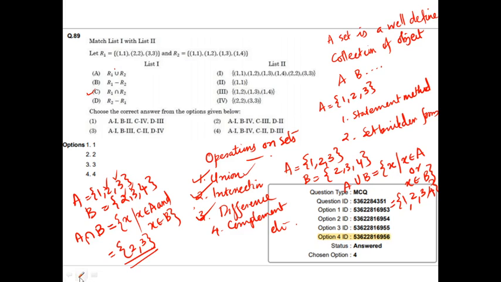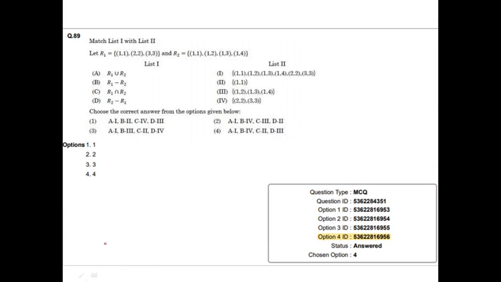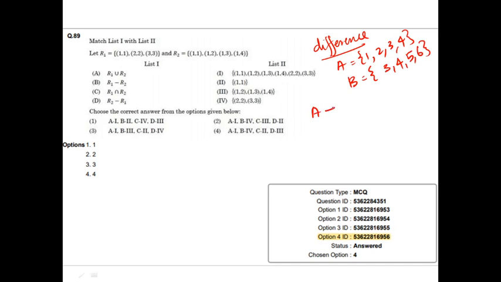Now let me find out the third operation, difference. So A is equal to {1, 2, 3, 4} and B is equal to {3, 4, 5, 6}. How can you find A minus B, or A difference B?